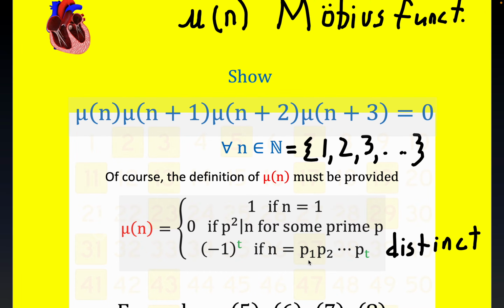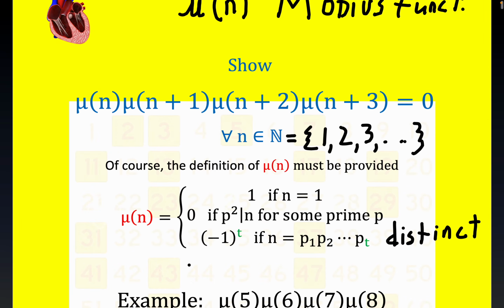So this is a definition over all natural numbers. We defined it at 1 to be 1. We defined it to be 0 if a square prime divides the input. And then if these are all distinct, there's no way the square prime could happen there, right? So its domain is all natural numbers, all positive integers, okay?